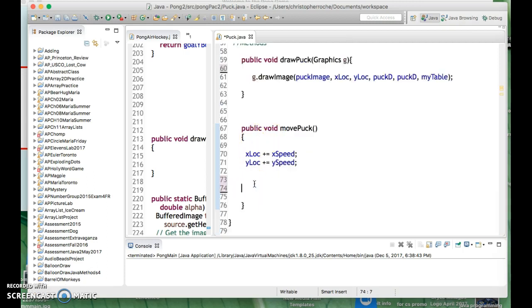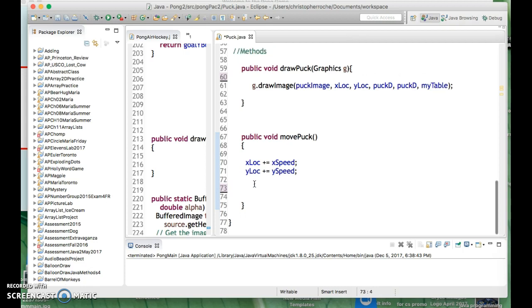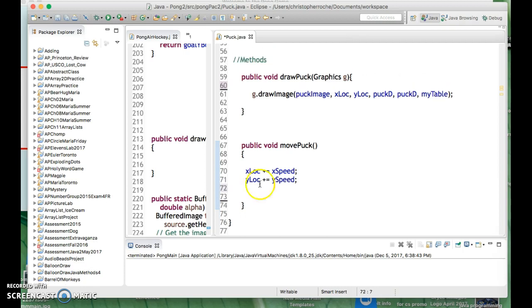I'd like move puck to be extremely clean. Okay, and what I want move puck to do is, let's see, I'm gonna make two routines here. I'm gonna move puck and I'm gonna say deal with friction, which is what that thing was doing. Okay, and we'll get back to that because we can do other stuff.